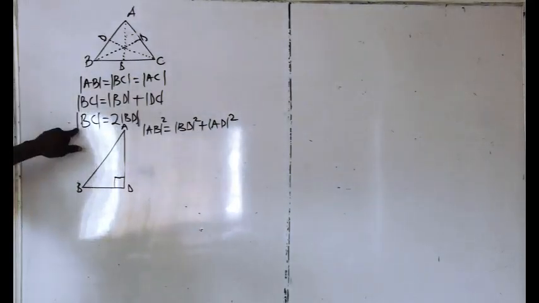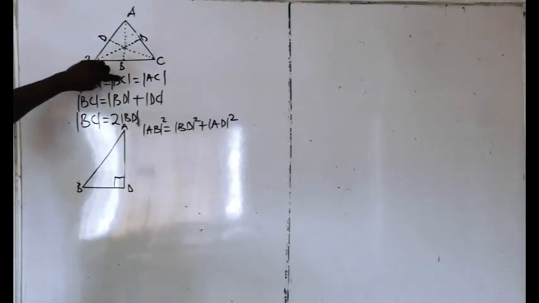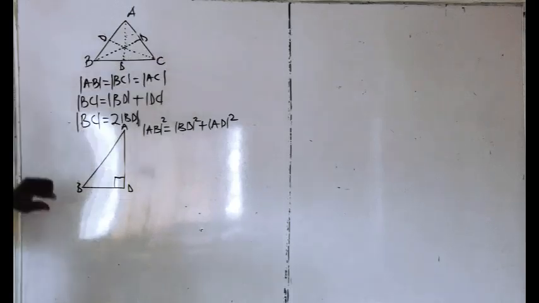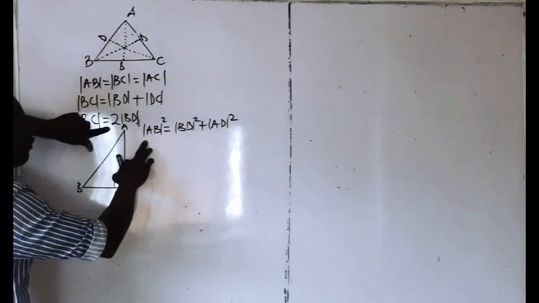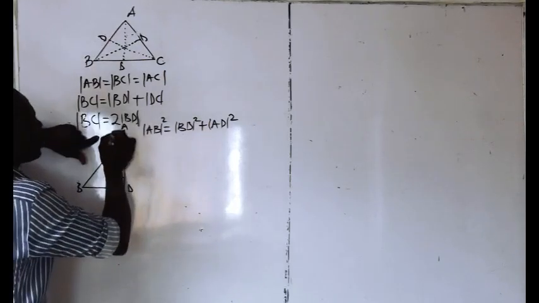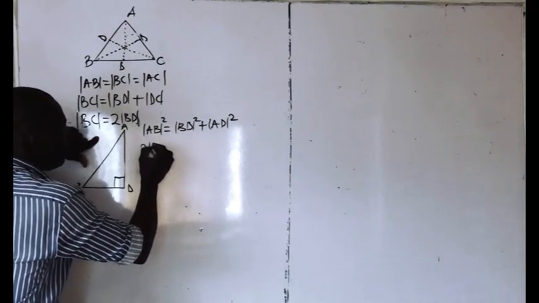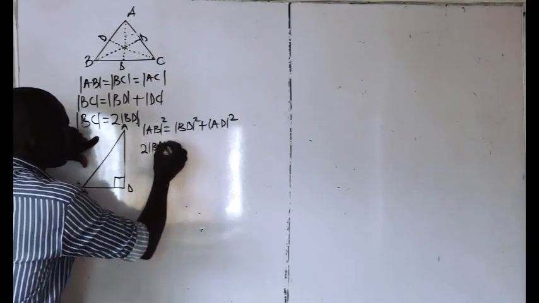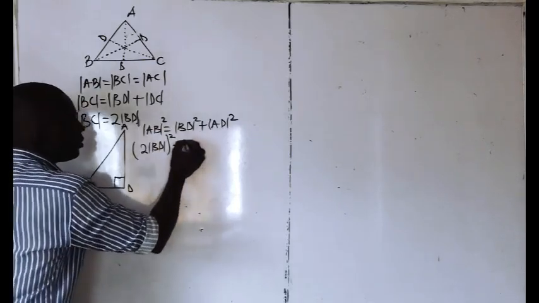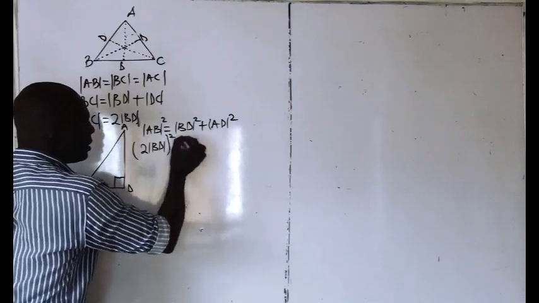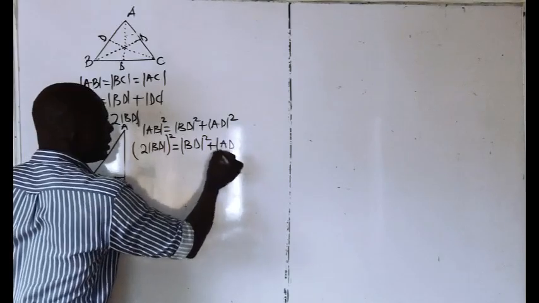Here we said that BC is equal to 2 times BD, since AB, BC, and AC are equal. So in place of AB square, we could replace it with (2BD) in brackets square, which is equal to BD square plus the line AD square.